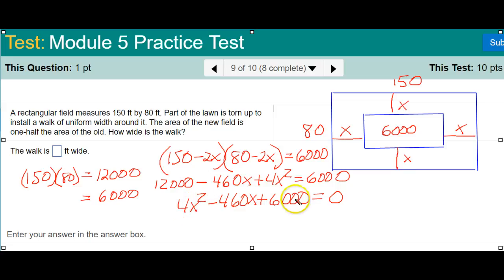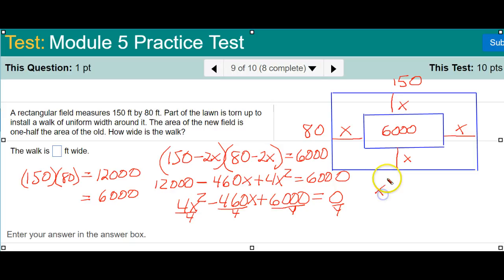Now you could work with these big numbers, putting it into your calculator through the quadratic equation, but we could divide everything by 4 to make our numbers smaller. And I'll write it over here.